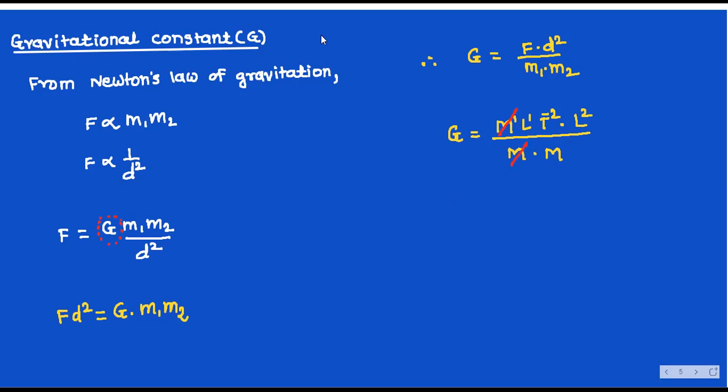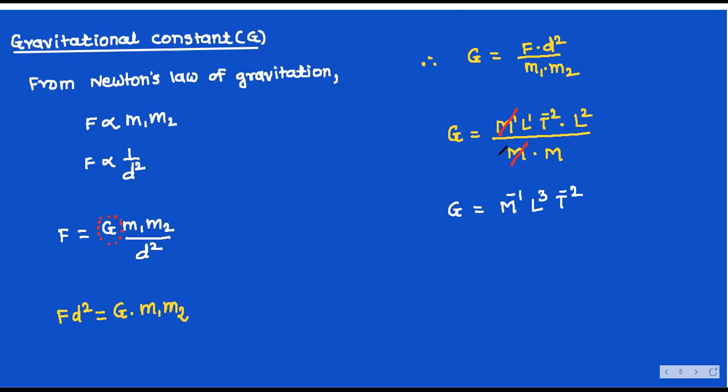So you are getting the formula like this now. G is equal to this M, when it is going up, its power is going to be -1, L3, and this T power -2. See just what we got.